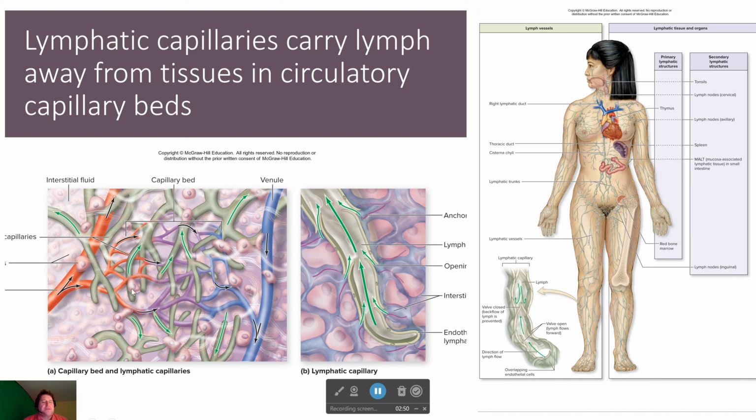But remember, only 85% of what came out at one end went back in at the other. And so that 15% ends up going into what we see in green here, the lymphatic capillaries.